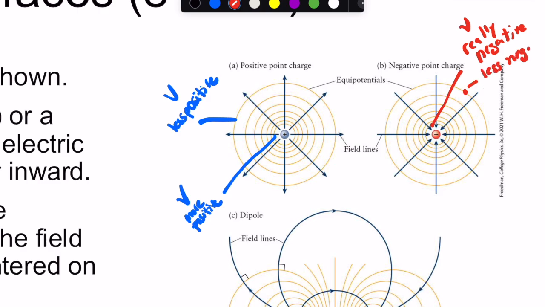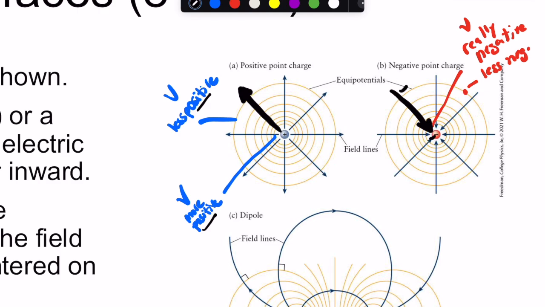Now we can relate potentials to electric fields. What we saw earlier was that electric field lines go toward regions of lower potential. We can see that right here: the electric field line is moving from a more positive potential to a less positive potential. And here the electric field line is moving from a less negative potential to a more negative potential, to decreasing potential.